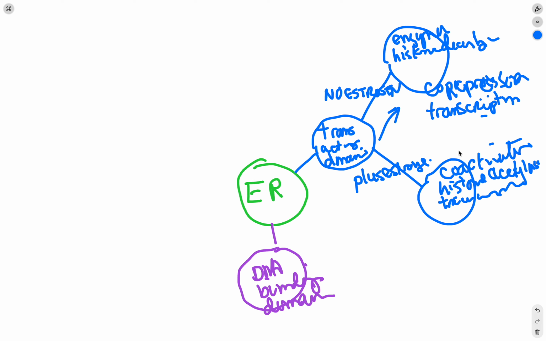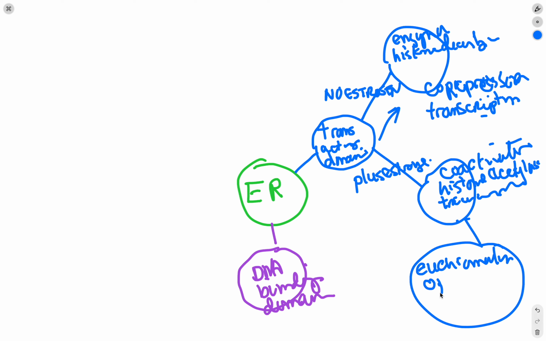And so then I would suggest that there would be another box leading out from here that would include a term like euchromatin or open chromatin, or transcriptionally active chromatin, right?